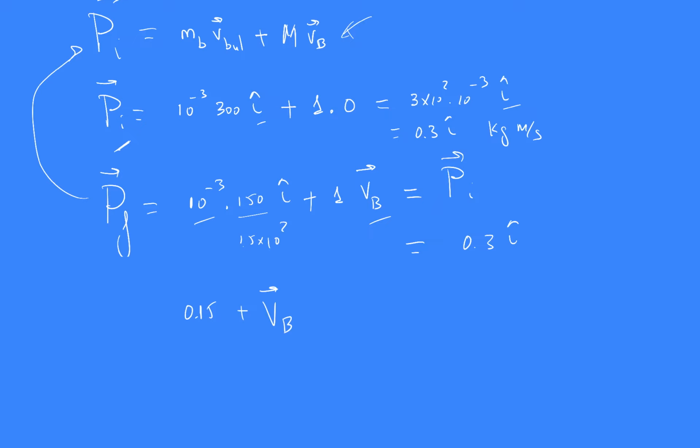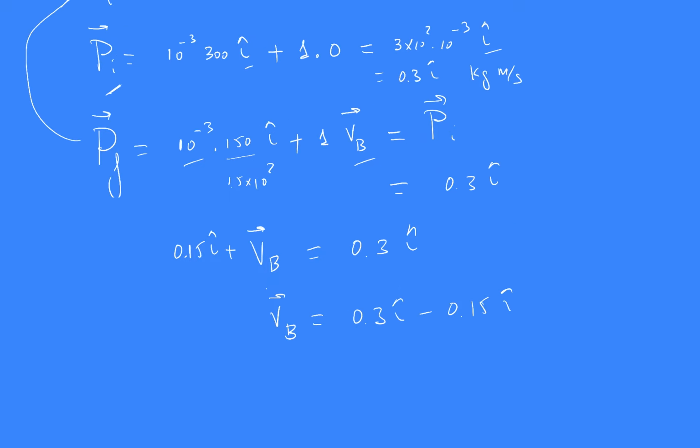So 0.15 plus V sub B equals 0.3 i. The velocity V sub B is 0.3 i minus 0.15 i. So the velocity of the block, the capital M, will be 0.15 i. And this is the result.